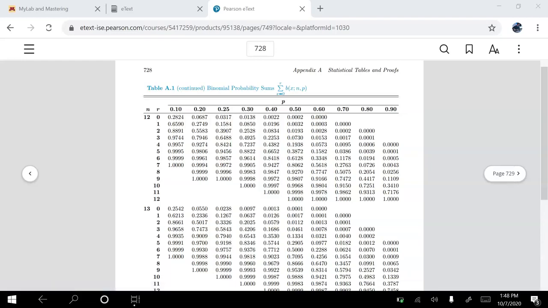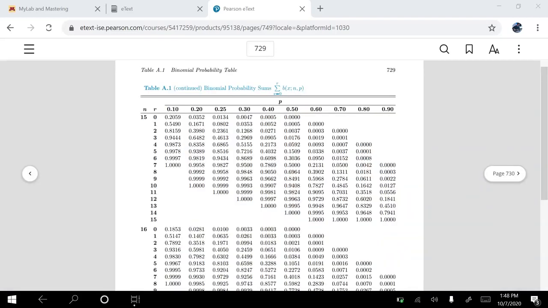Might be the next page even. Yeah, 15 there. Okay, so here we go. Table A1, n = 15. How many successes were we getting? It was at most 8, I believe. It was at most 8 with a success probability of 0.70. Here we go. At most 8. Follow the row here.